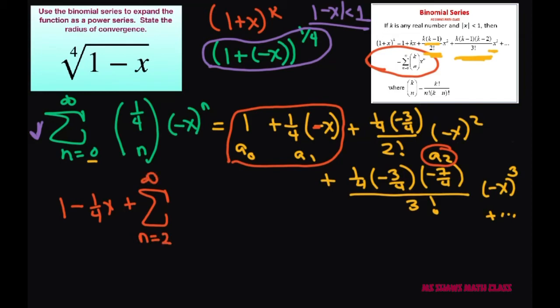All right, and now let's see what we can do to condense this. For these alternating terms here, we're going to get negative 1 to the power of n minus 1. And then for our x, since we have negative x, that's going to be negative 1 to the nth power. Now this is just going to turn out to be negative 1, so don't worry about that.